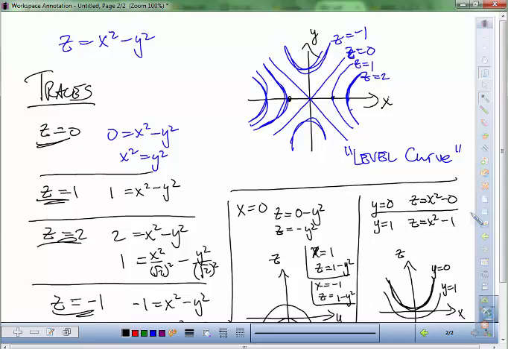So this surface is a really, really famous surface called the hyperbolic paraboloid.